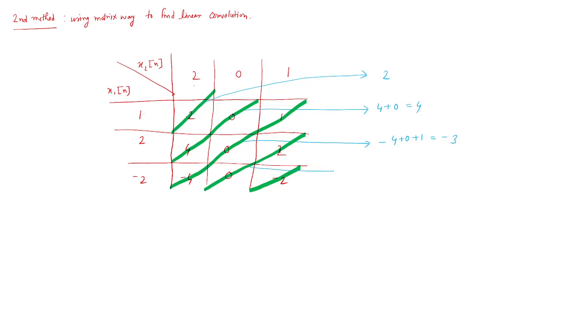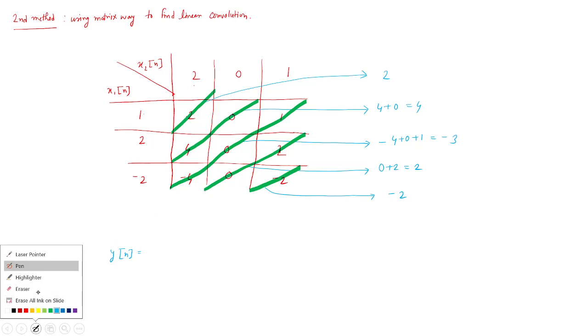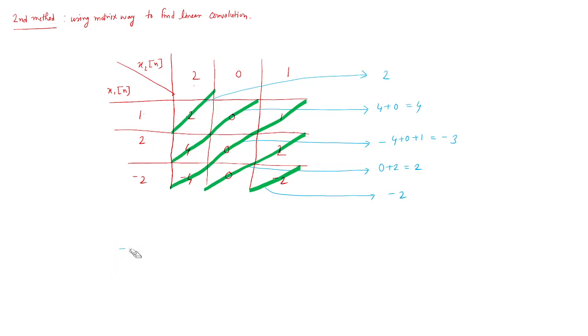Fourth one, it's 0 plus 2 equal to 2. Fifth one, -2 only. So therefore your convolved sequence yn is going to be 2, 4, -3, 2, -2.